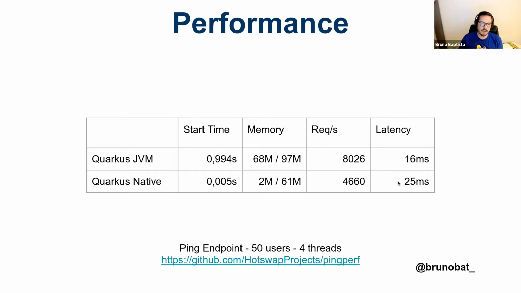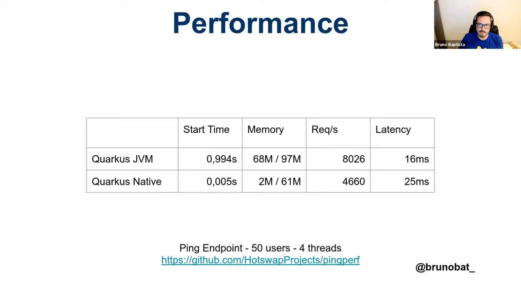This is because the version running on the JVM takes advantage of just-in-time optimizations, and the native mode is locked to a particular profile of optimizations and cannot evolve with the execution of the runtime.